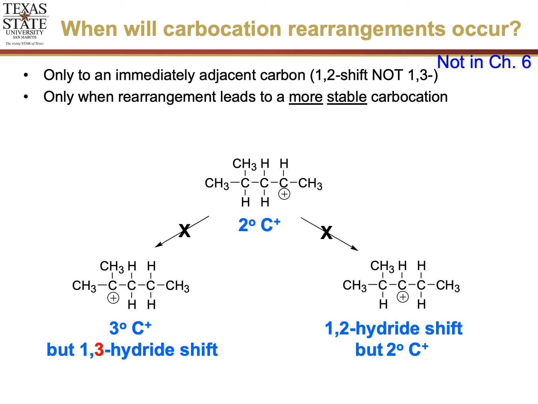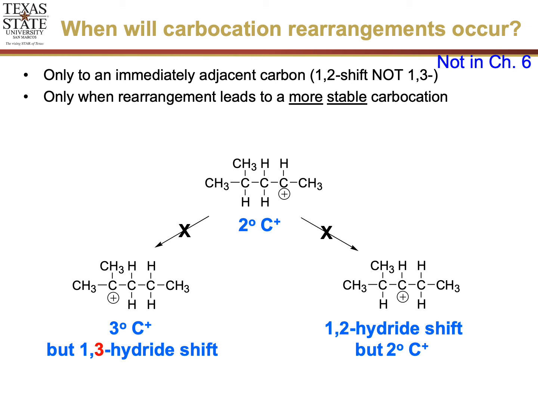So if we look at the first reaction here, we have a secondary carbocation here at the top, and we have the possibility of doing a hydride shift. However, if we go to the left side here, we do a 1,2 hydride shift, it'll only give us a secondary carbocation. Therefore, there is no reason to do that reaction, and therefore it does not transfer over. Now, let's look over at the other side.